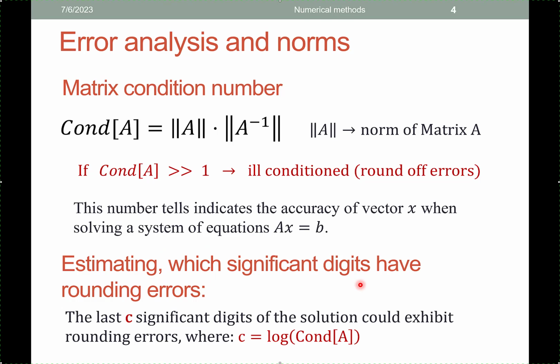Estimating which significant digits have rounding errors depends on this equation, where you take the log of the condition of matrix A and you get a value C. This value C means the last C significant digits of the solution could exhibit rounding errors.